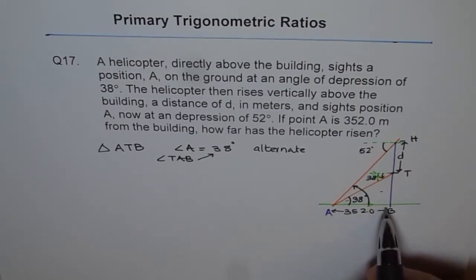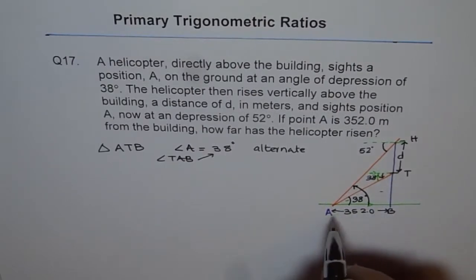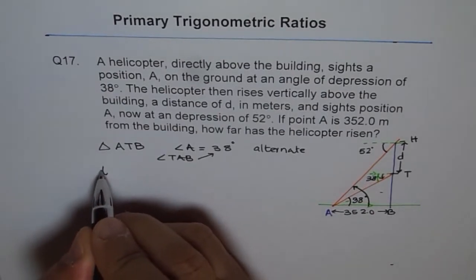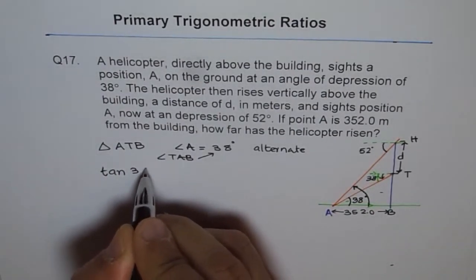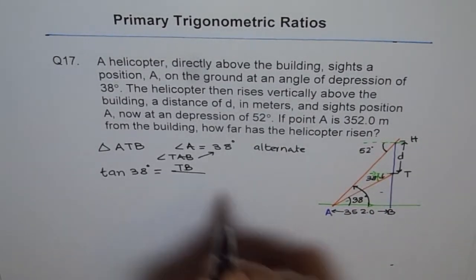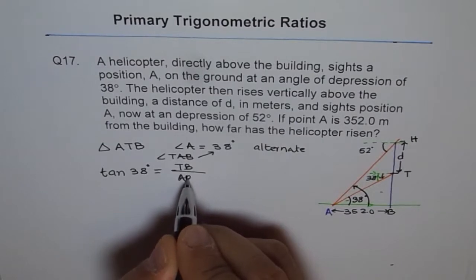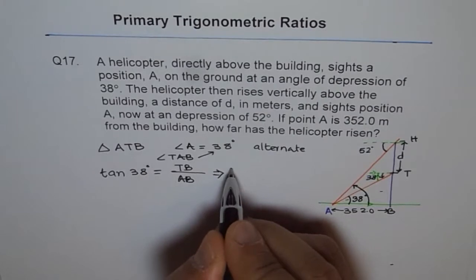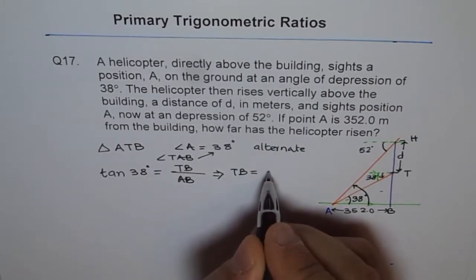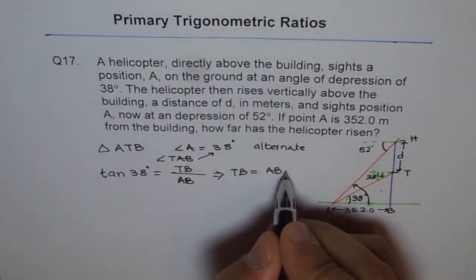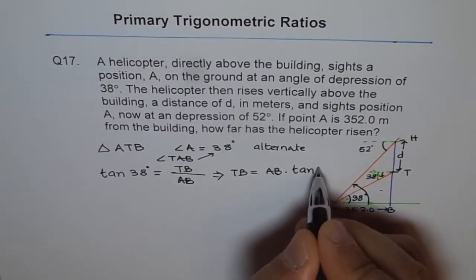In triangle ATB, we can say tan of 38 degrees is equal to TB over AB. From here we can find TB. So TB is equal to AB, which is 352.0, times tan of 38 degrees.